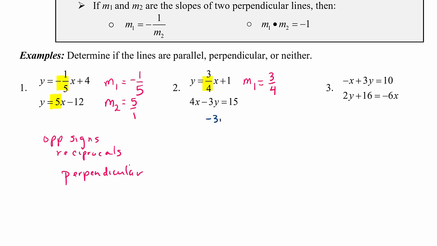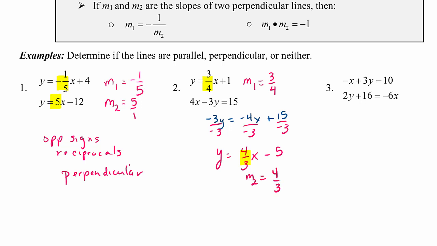So that's -3y equals -4x plus 15. Now we're going to divide everything by -3. So we get y equals +4/3 x minus 5. The slope of this line, m sub 2, is 4/3.